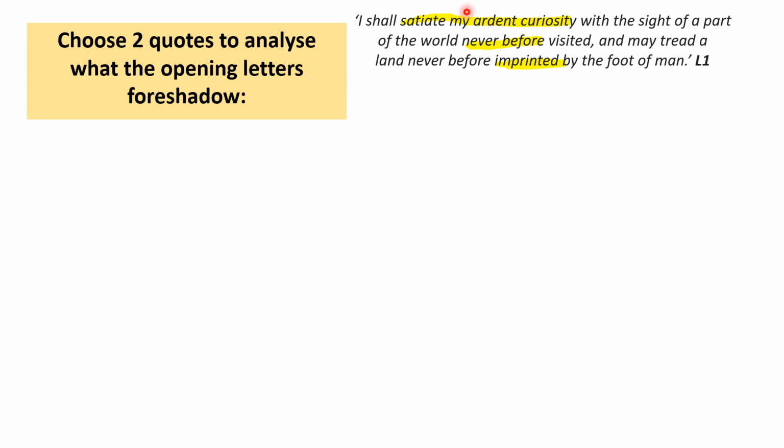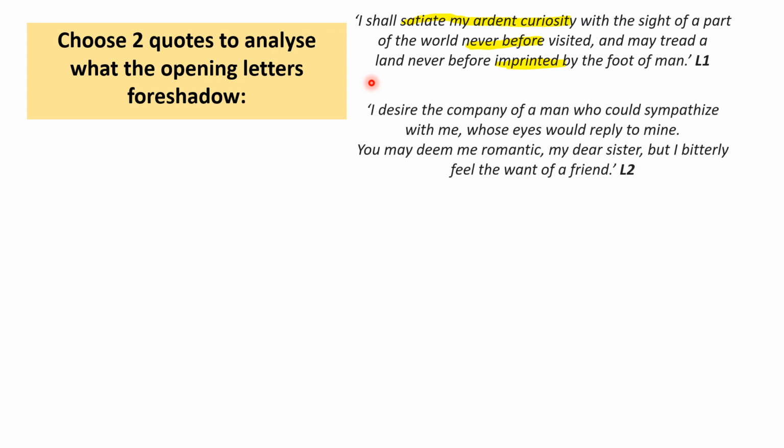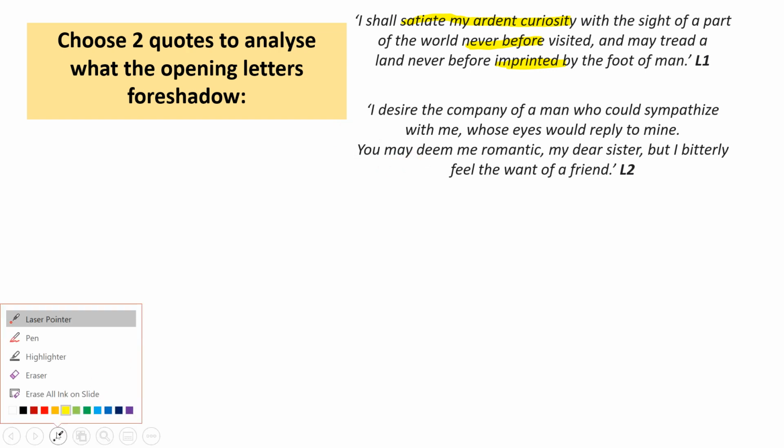So considering how this mirrors the ambitions of Victor throughout the text, and what this foreshadows about his ambitions and his desires. From letter 2, we have, "I desire the company of a man who could sympathise with me, whose eyes would reply to mine. You may deem me romantic, my dear sister, but I bitterly feel the want of a friend."